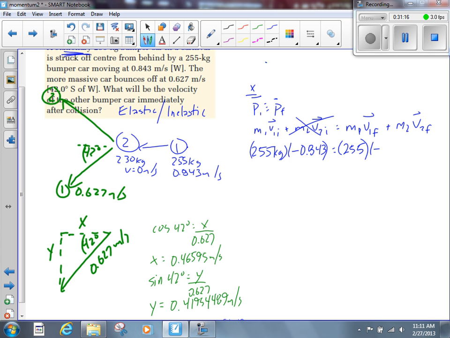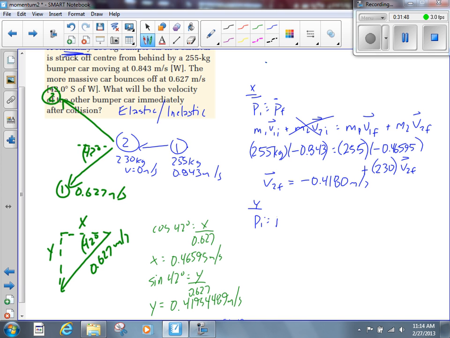So negative 0.46595 plus M2 times V2F. M2 is 230 times V2F. We do the math on this and we end up getting negative 0.4180 meters per second.